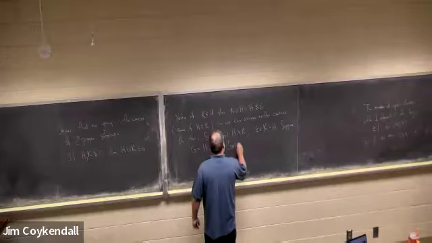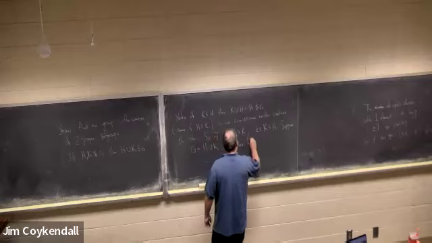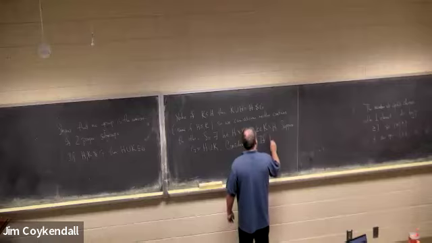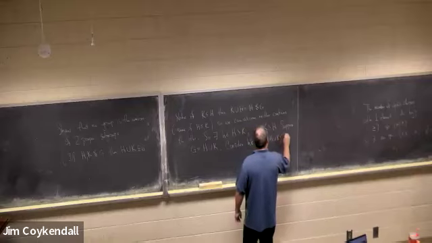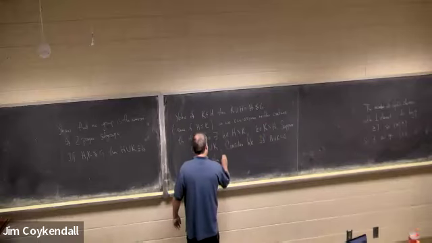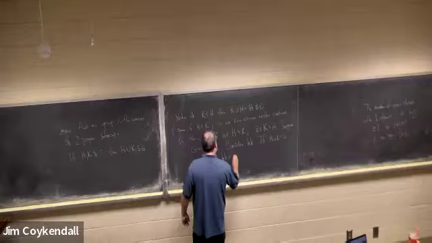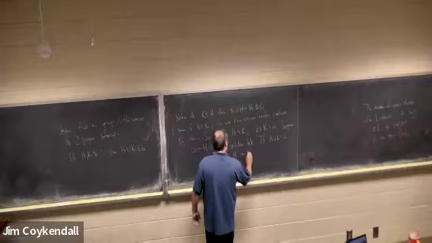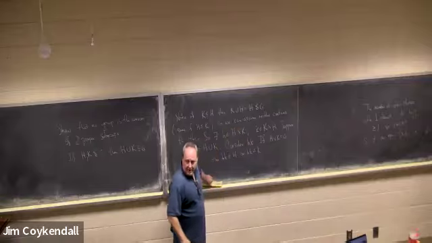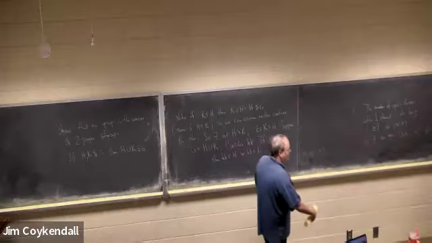Consider the element hk. If H union K is G, then hk is in H or hk is in K. Do I agree with that? If it's in the union, it's got to be in one of them.